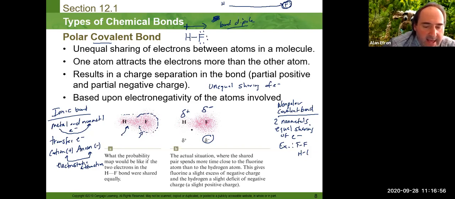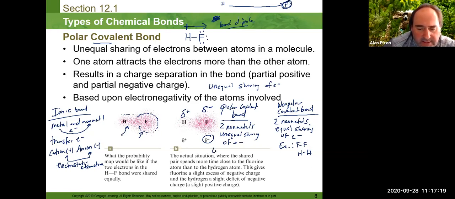What we have here in the middle is a polar covalent bond, also just called a polar bond, also between two nonmetals, also involves sharing of electrons, but unequal sharing of electrons. An example of that is what we see here on the screen, which is HF.